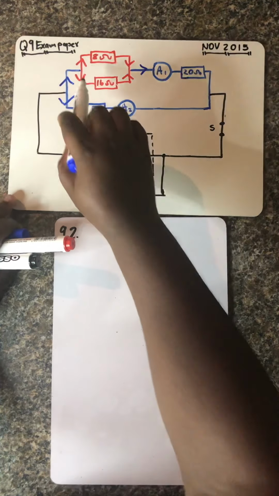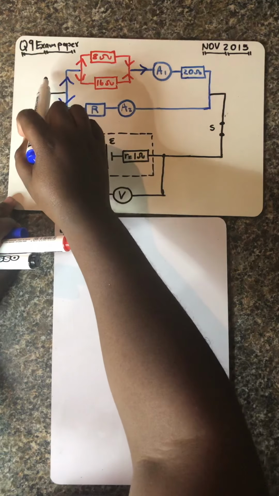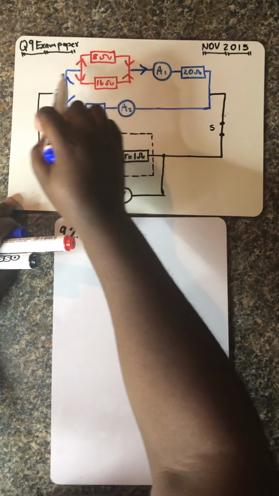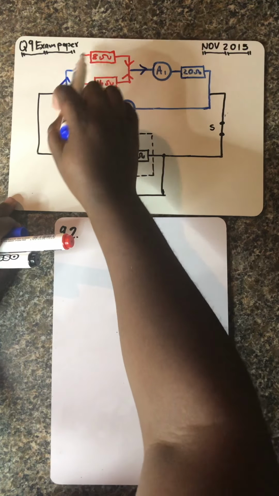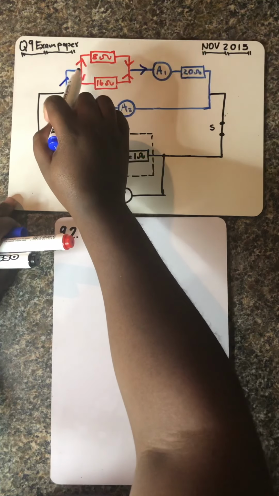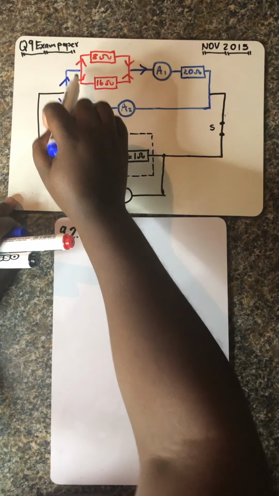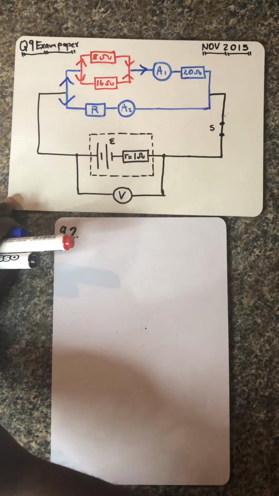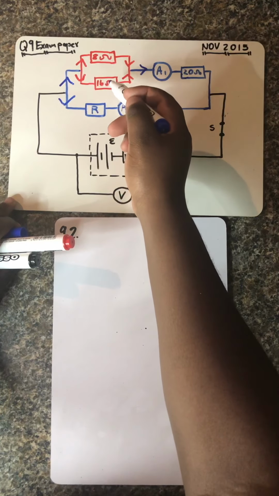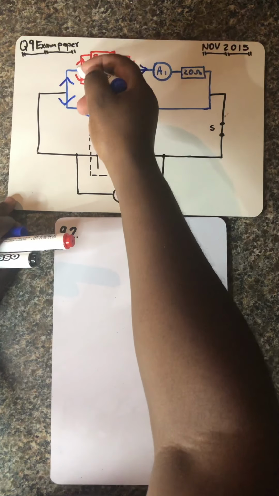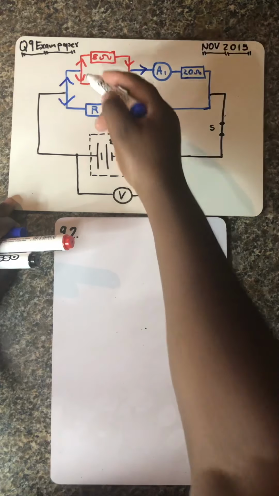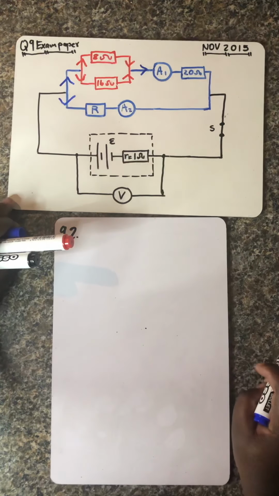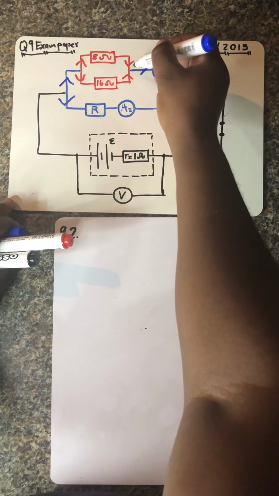So if this current is 4, then that 4 will split. Maybe 1 will go that side and maybe 3 will flow this side. But with the 16, it's more, so maybe 1 would flow there and on that side more current will flow, and then when it gets to that point it's going to join.